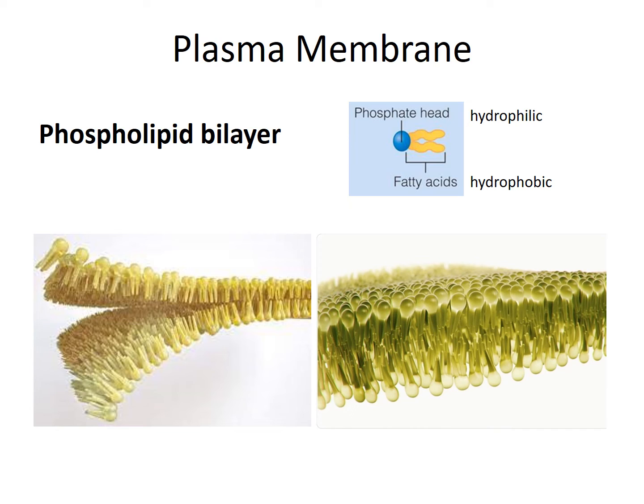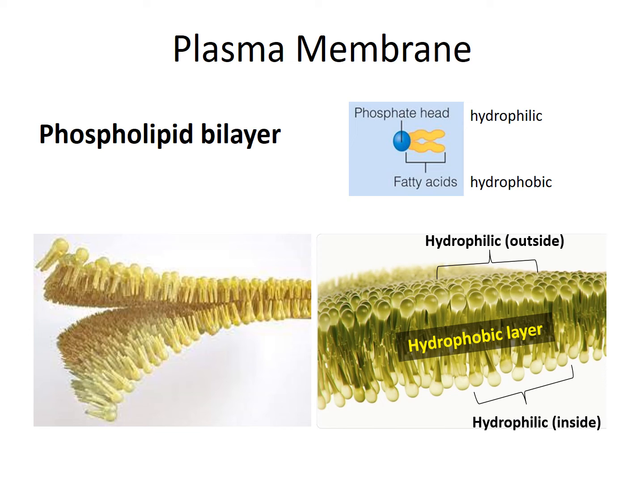And then there's this thick layer of hydrophobic fatty acid tails in the middle. Here's why this is great at serving the function of a plasma membrane. We have a hydrophilic liner inside, a hydrophilic liner outside, with this hydrophobic layer.